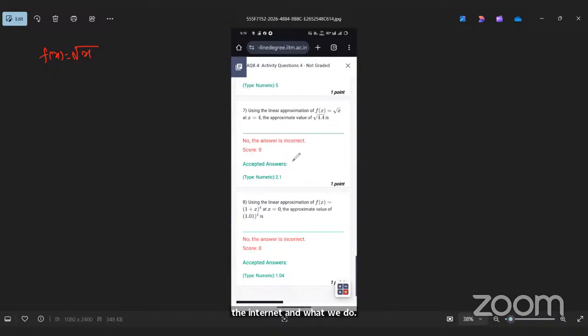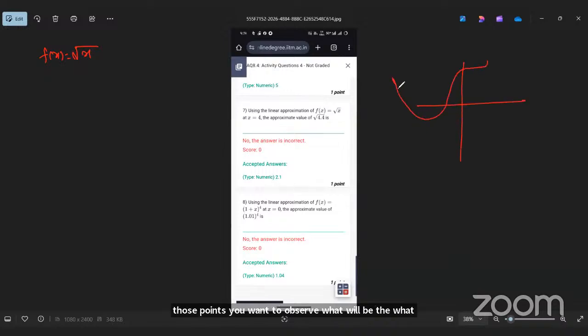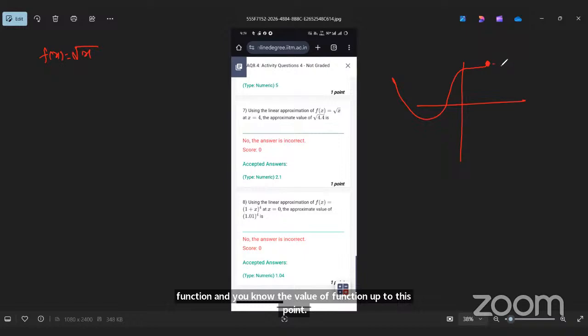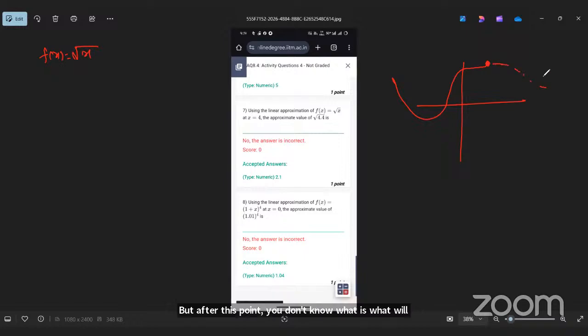Okay, so linear approximation is a way of approximating your function. That means you know some behavior of the function at a certain point, and around that point you want to observe what approximation we can make. Suppose this is your function, and you know the value of the function up to this point, but after this point you don't know the value. There is a certain gap, and then you know some behavior of the function.